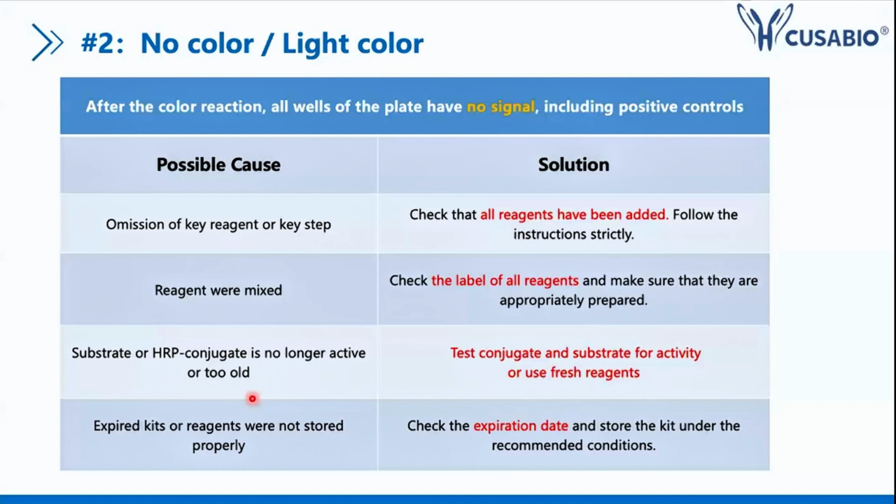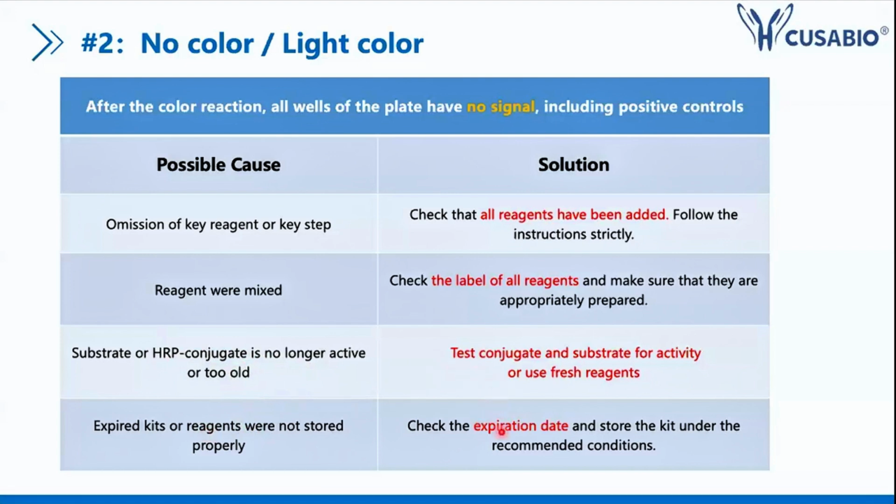In ELISA, the last step is always the reaction between the enzyme and the substrate, so we need to be really careful about this part. This usually goes wrong because the substrate or the HRP conjugate is no longer active or too old, or the whole kit has just expired, or maybe the storage was not good so the kit went bad.